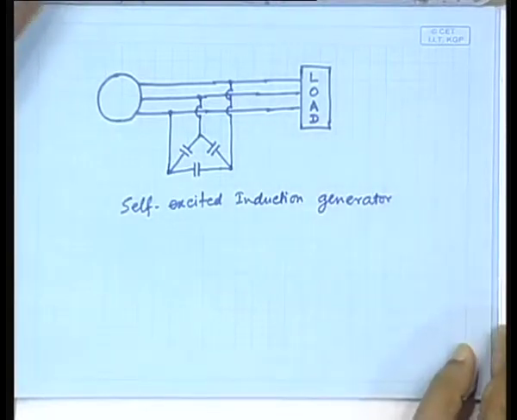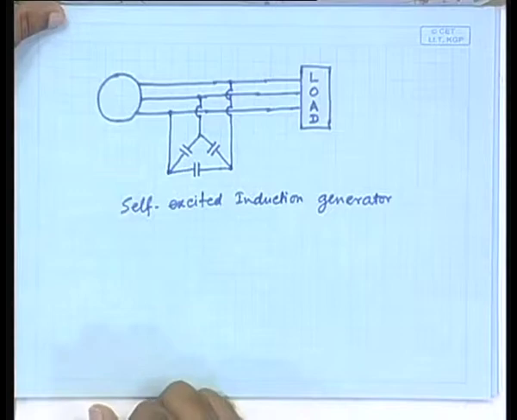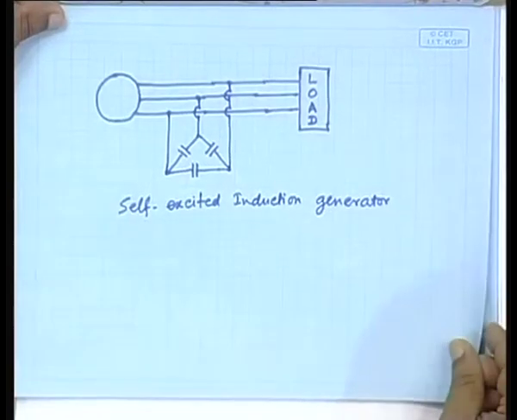Now, if you have the arrangement somewhat like this, then the process of build up of the voltage, which I stopped with in the last class, can be obtained conceptually as follows.